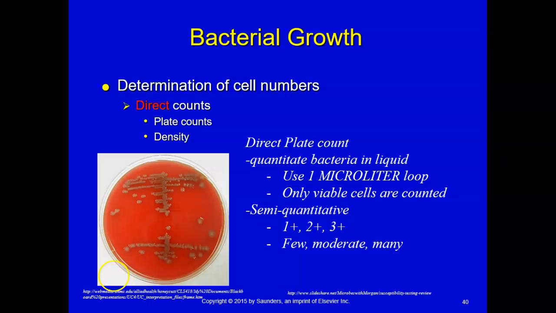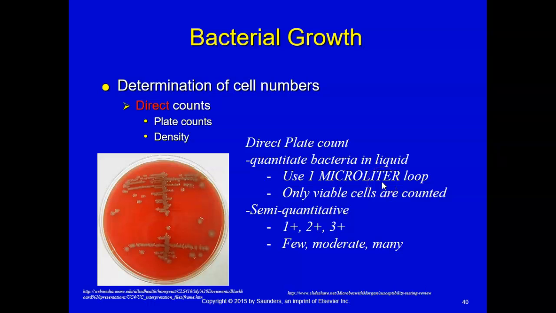So the direct plate count and density measurements are used daily in the microlab. We're going to talk about these in detail. A direct plate count is a way to quantitate bacteria in urines or other liquid samples. The count is determined by using a calibrated 1 microliter loop.